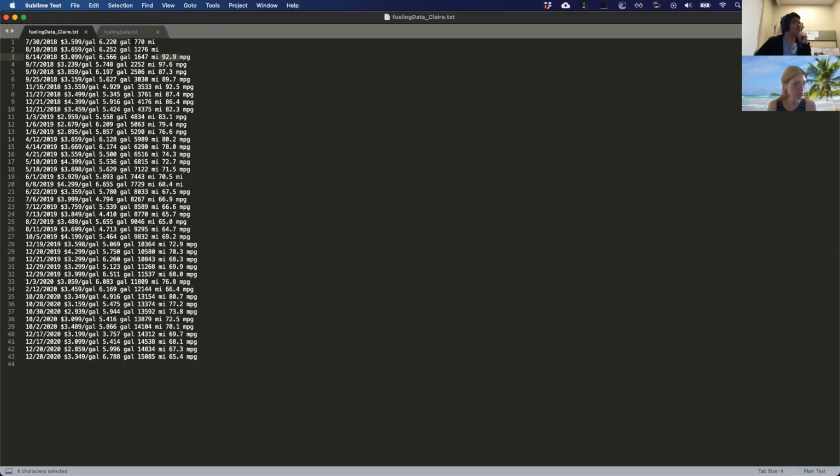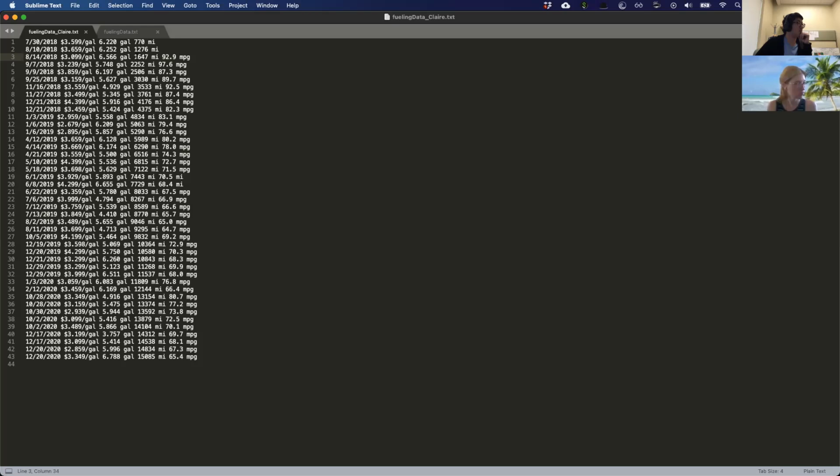And so the way that you want to do that is your cumulative miles divided by the total amount of gasoline. So the first one should be the same. So it'd be 770 divided by 6.22, but the second one is going to be 1276 divided by 6.22 plus 6.252.